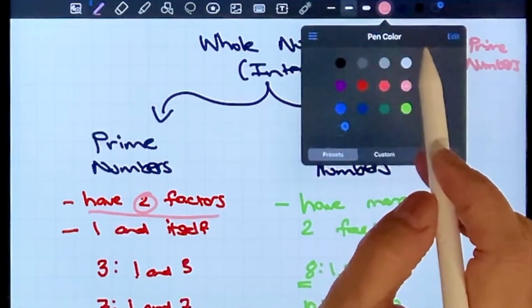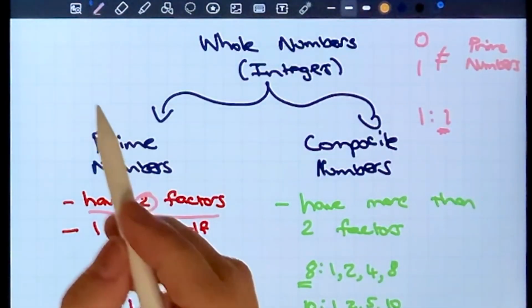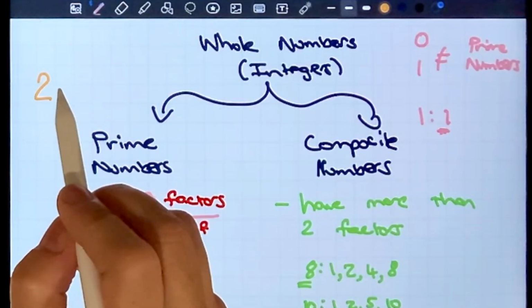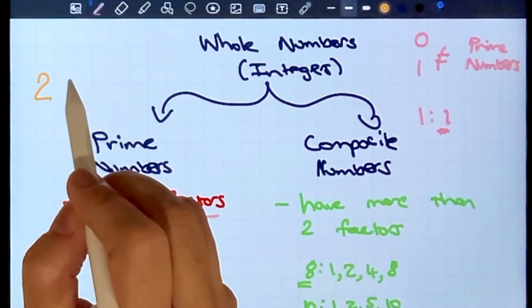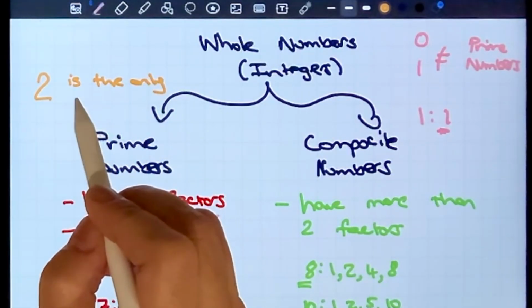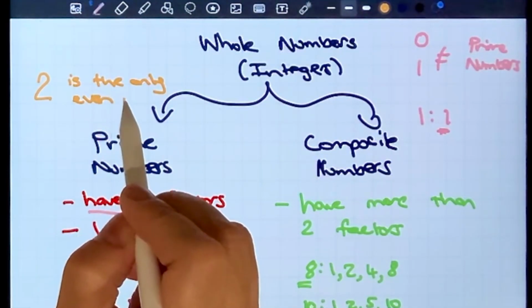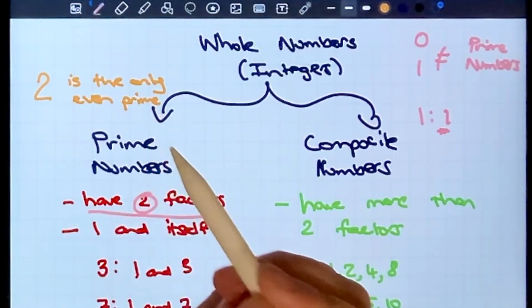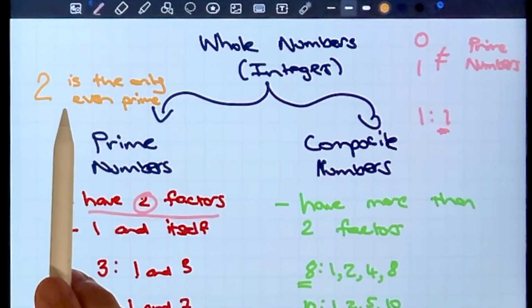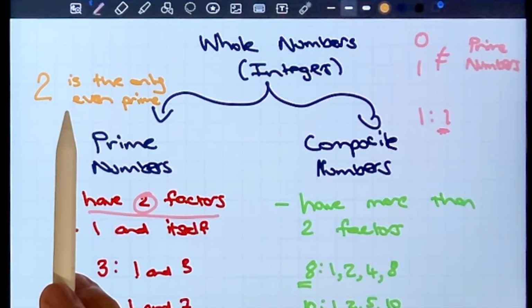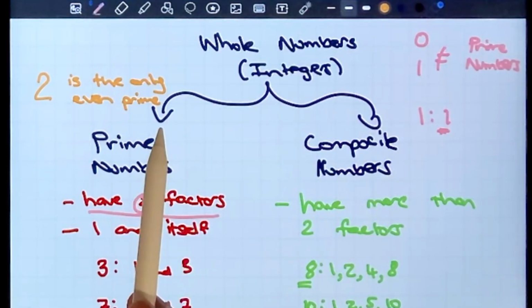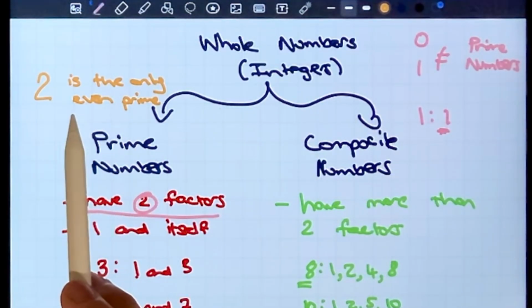Another one that's worth noting is the number 2, because 2 is the only even prime number. And if you think about it, the reason that's the case is because any other even number is automatically going to be divisible by 2.